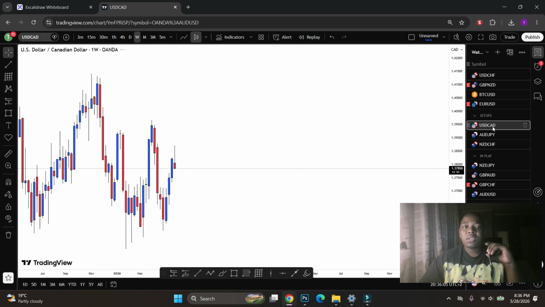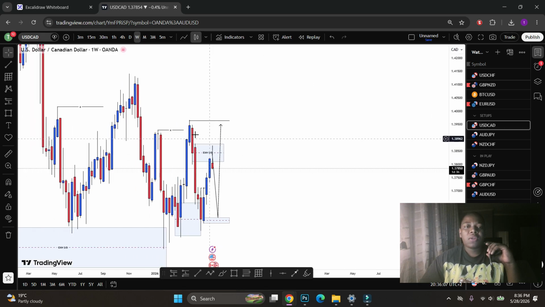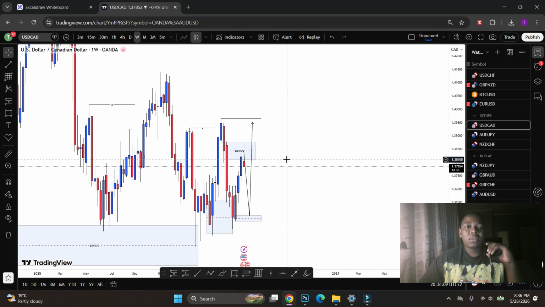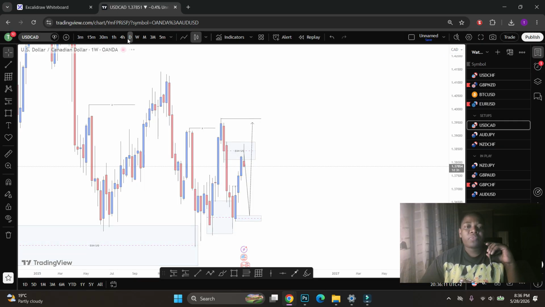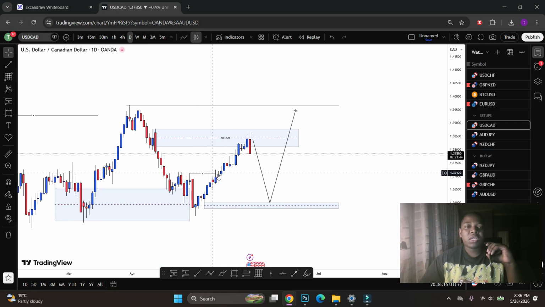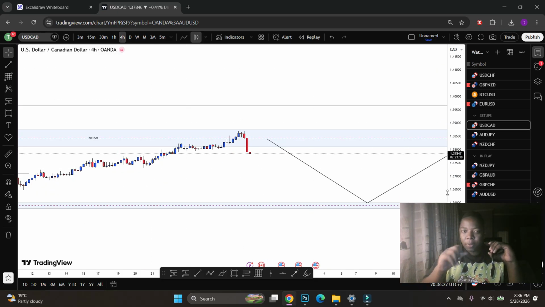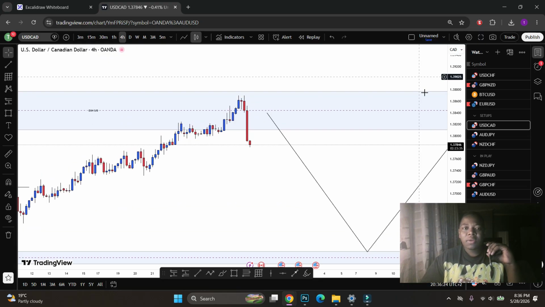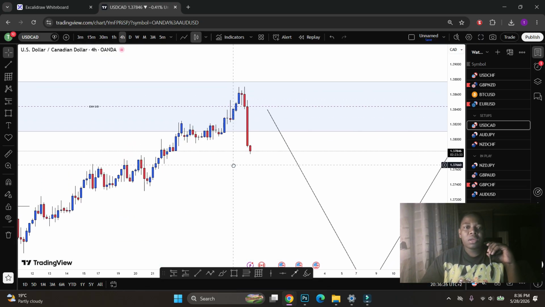Let me go on maybe USD. I missed the trade here, exactly on the exhaustion. I missed the trade. And as you can see, price is moving down. After this change in order flow, price went to that exhaustion and reacted. But then I can enter a buy.